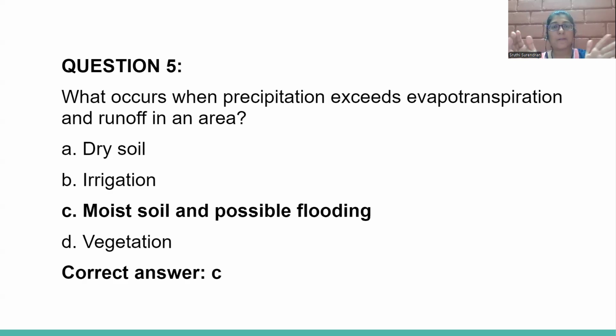Surface runoff is a good component that is transporting the water from one location back into the oceans and rivers where evaporation can occur. But what happens if this runoff is not occurring at a very fast rate? Rain keeps falling, and this flow rate is lesser than the precipitation rate, and water levels are going to keep increasing, and this is going to result in flooding. So this is the answer for this question.